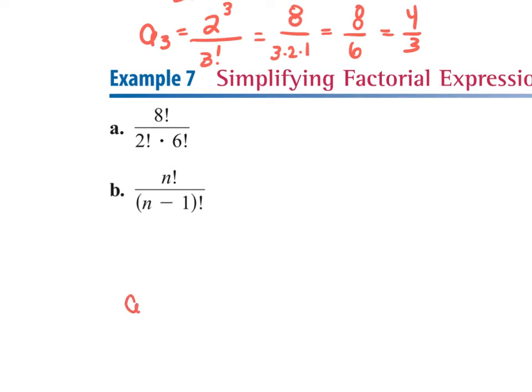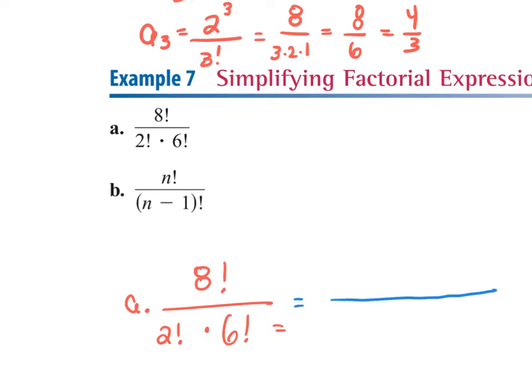All right, let's do A here, and then we'll move on. I have 8 factorial over 2 factorial times 6 factorial. Common mistake, guys. 2 with an exclamation point times 6 with an exclamation point is not 12, like that. Those are 2 separate things, so keep them separate. Don't multiply them together. If I'm going to write all of this out so you guys see what I'm doing, I'm going to write this out on top.